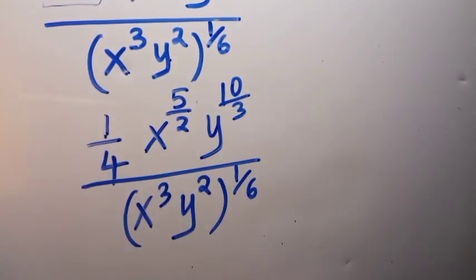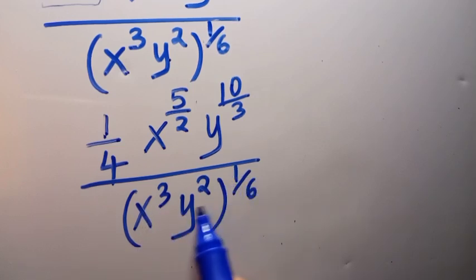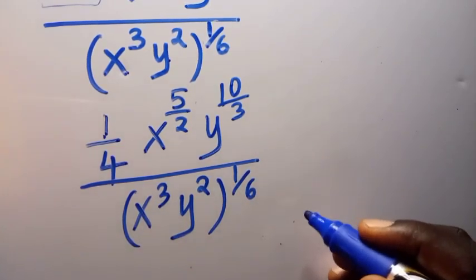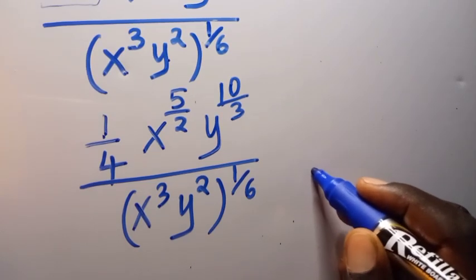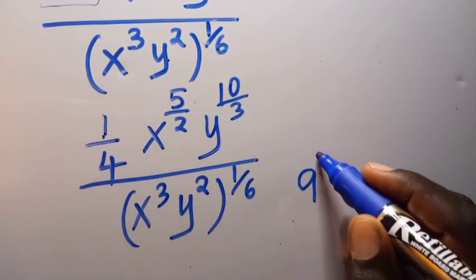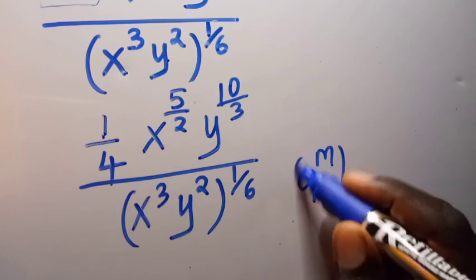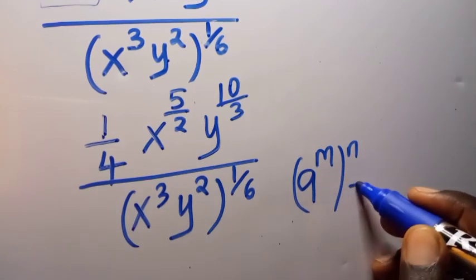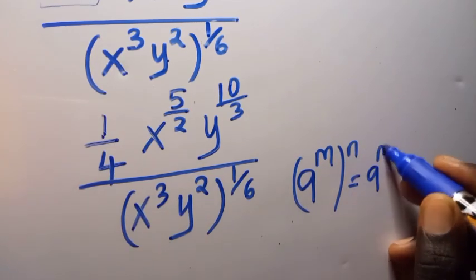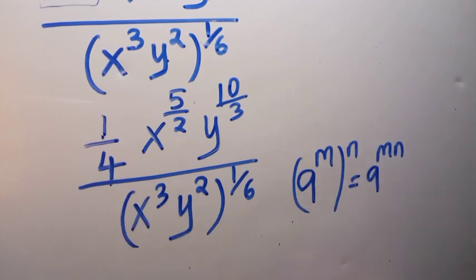Now, I want to distribute this 1 over 6 into what is inside the bracket. Remember this law of indices: a raised to m, then close the bracket, raised to n is just the same as a raised to mn. You multiply the powers.